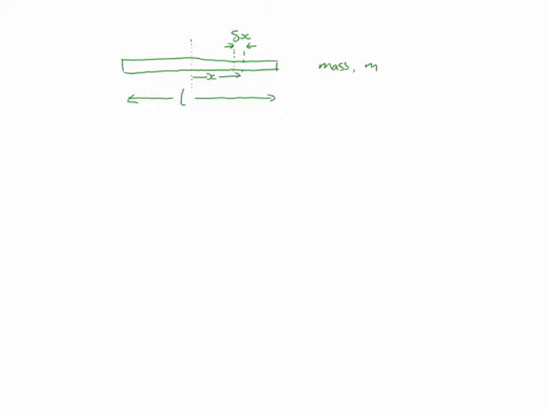Now, if we've got a uniform distribution of mass, then what we can say is we're going to write down, well, I'll call it density, but it's not mass per unit volume in this case, it's mass per unit length, right? We'll call that density rho, and that's the mass per length of the rod.